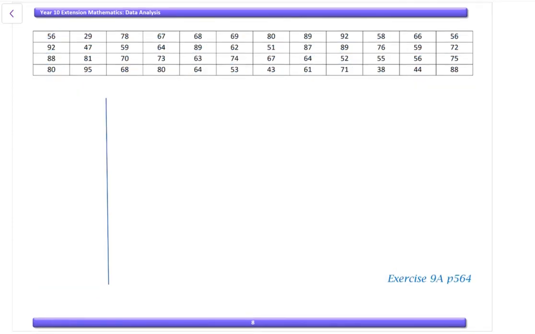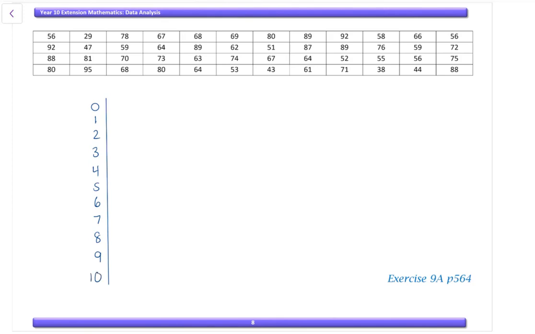Okay, so now we have to construct a stem and leaf plot for the data. We didn't have anyone in the 0, but we'll still put 0. So we've got 0, 1, 2, 3, 4, 5, 6, 7, 8, 9, 10.